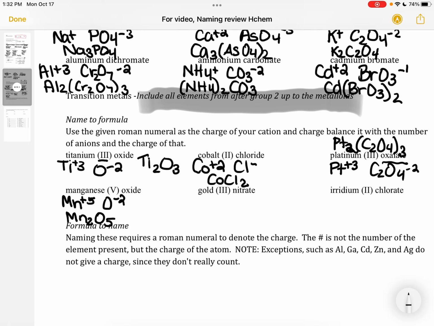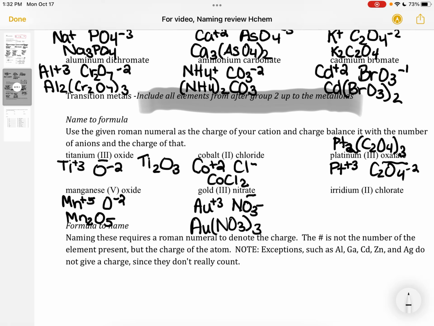Okay, next we have gold 3 nitrate. So that is the polyatomic nitrate. NO3 with a -1. This is gold. Gold is Au. It's got a +3 charge. So I'm going to need 3 nitrates. Au(NO3)3.